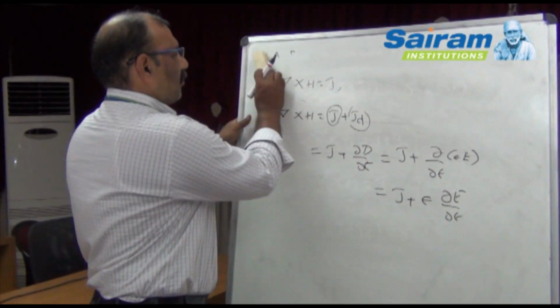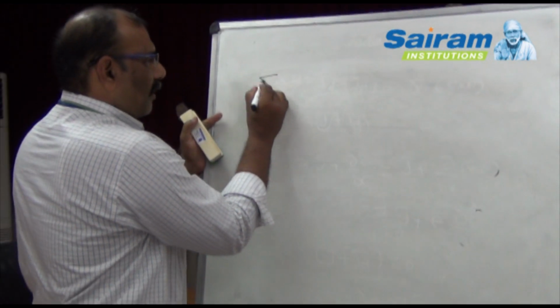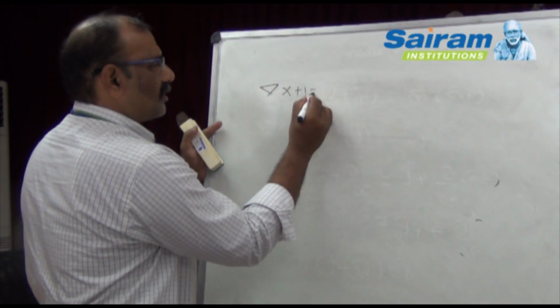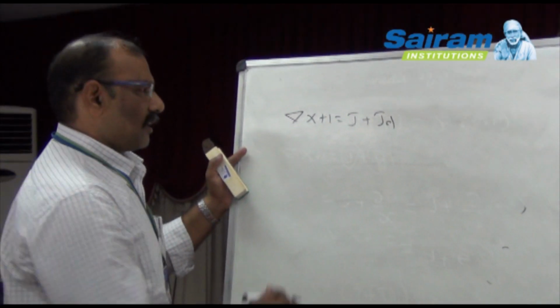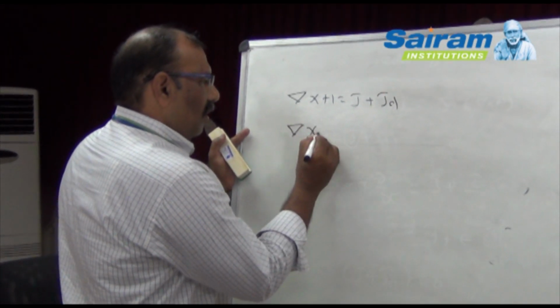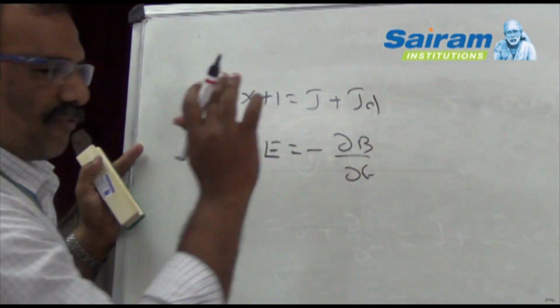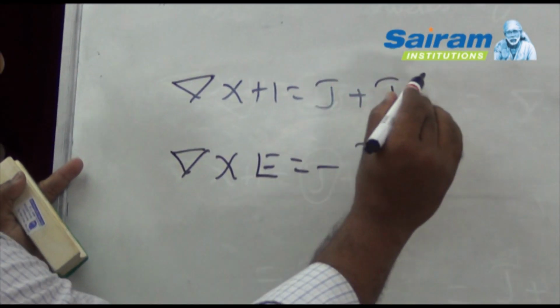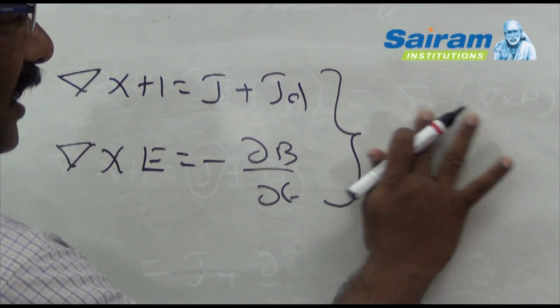Then from the Maxwell equations, from the core concepts, curl H equal to J plus JD. This is from Ampere's law. Then curl E equal to minus dou B by dou T. This is from Faraday's law. So in both of these concepts, divergence vanishes.